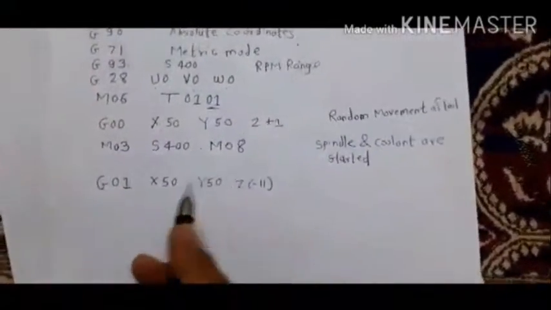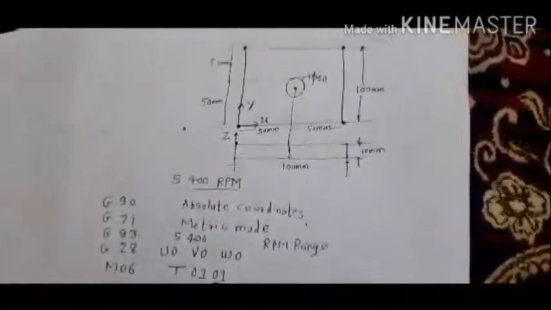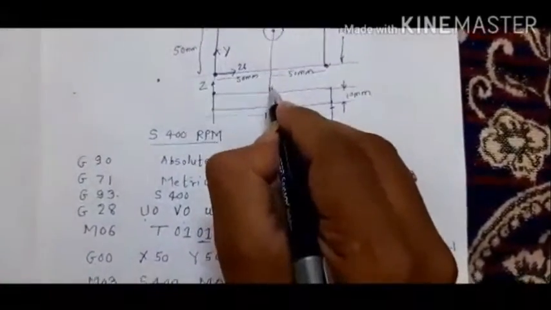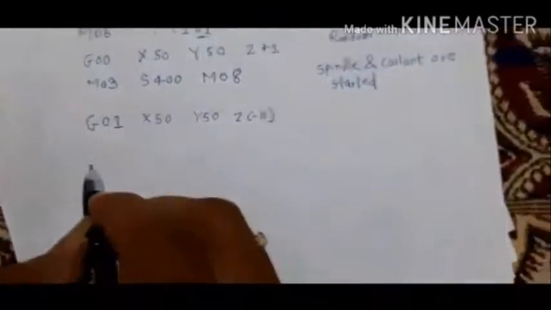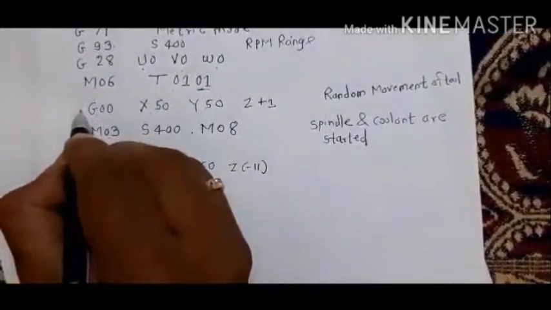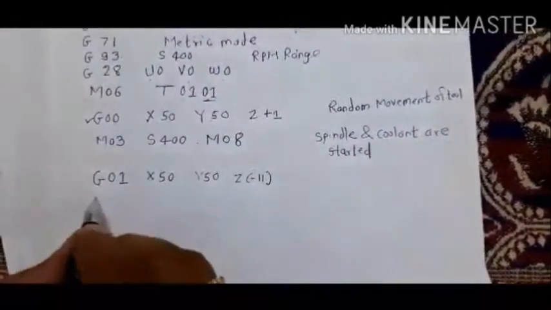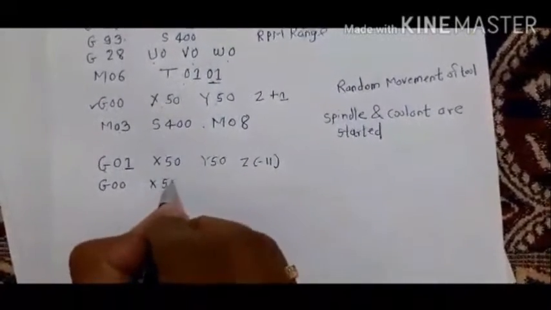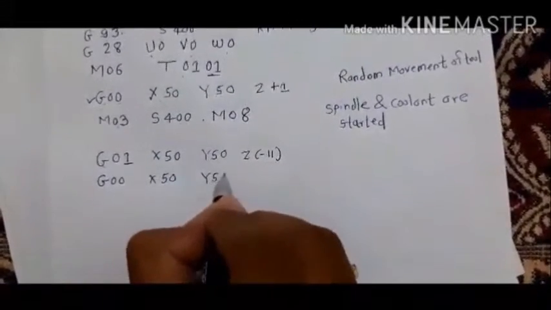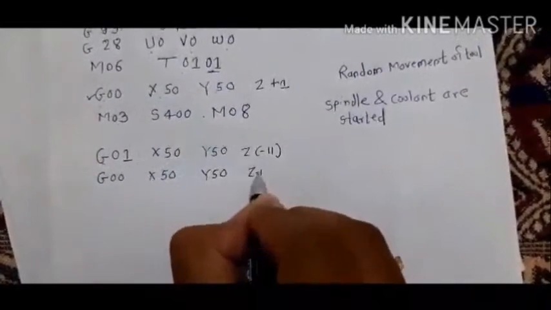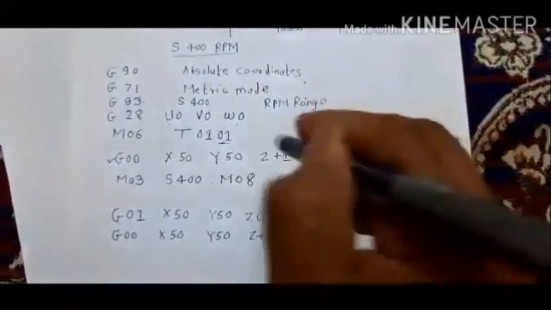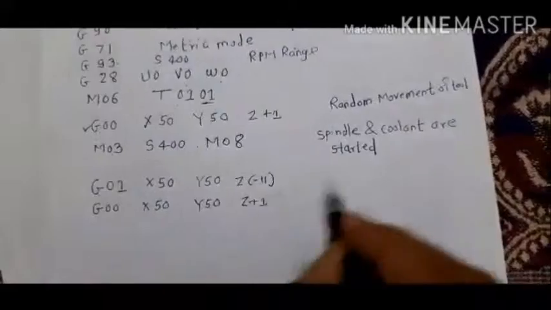Now in the next step we have to take that tool out of this workpiece. Now the tool is here. Now we have to move that tool in the upward direction once again. So once again I will write the same line here: G00 X50 Y50 and Z plus 1. So the inserted tool is withdrawn quickly by using G00.